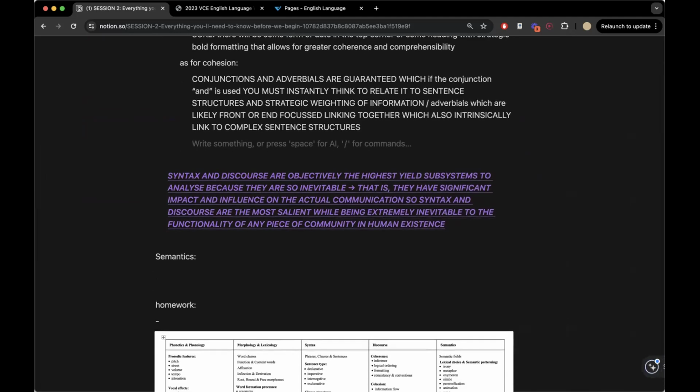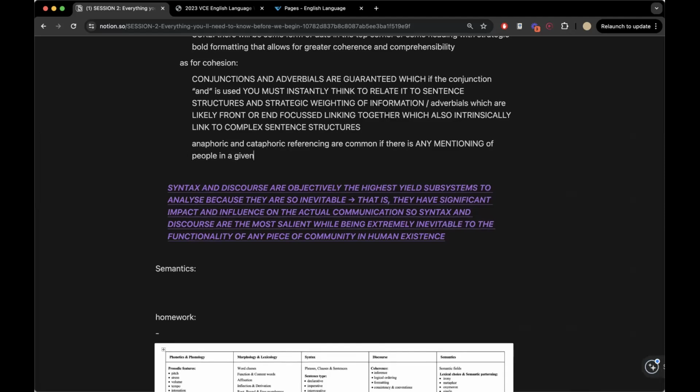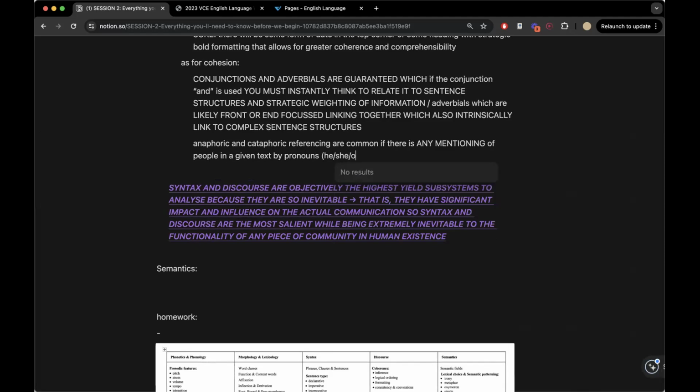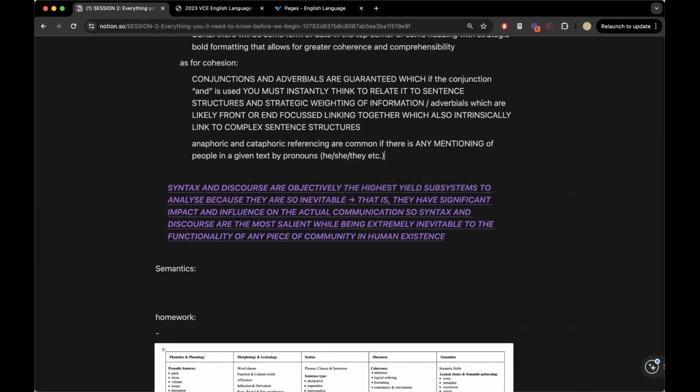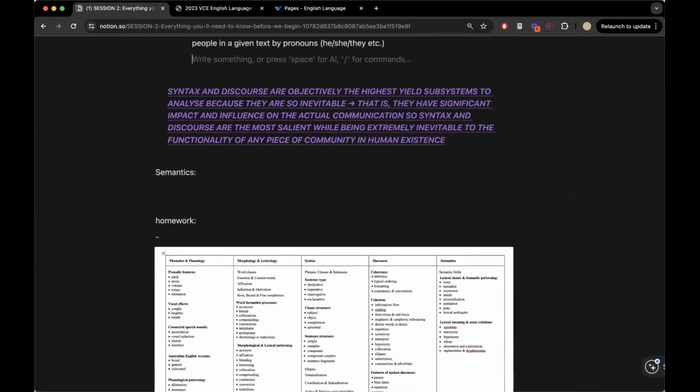So there would also be anaphoric and cataphoric referencing, common if there is any mentioning of people in a given text by pronouns, right? He, she, they, etc. At the same time, synonymy, very common in formal written because we must variate our words.